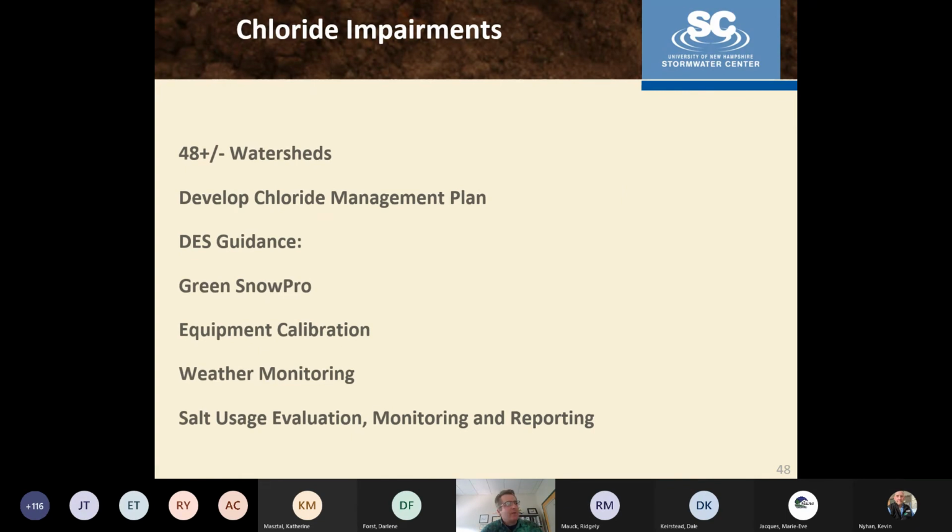So yes, we generally like the source control strategies, such as advanced by the Green SnoPro program, the equipment calibration, the weather monitoring, and we know that DOTs are doing this to the maximum extent. And also brining has become a really important tool in the toolbox for chloride reduction.